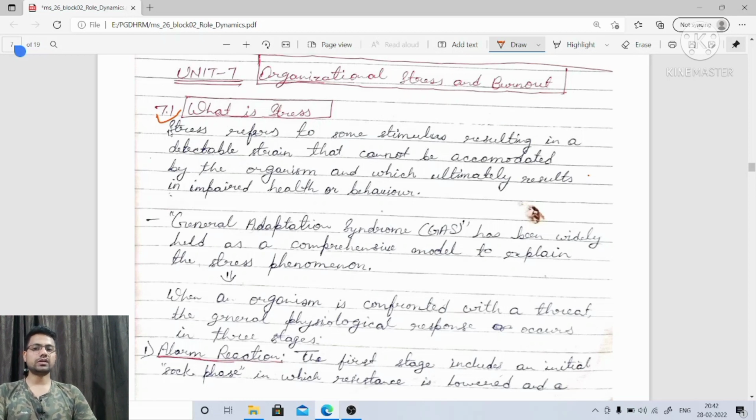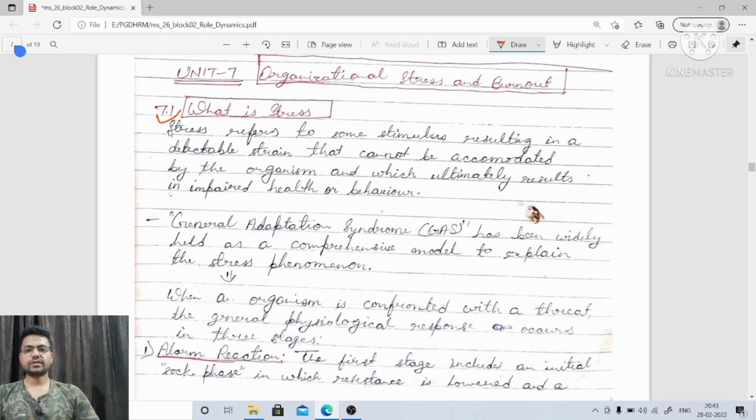So the ultimate result of stress is impaired health or behavior. So due to what factors does stress happen? Some type of stimulus causes a detectable strain in the organism that cannot be managed by the organism, and which ultimately results in impaired health or behavior.